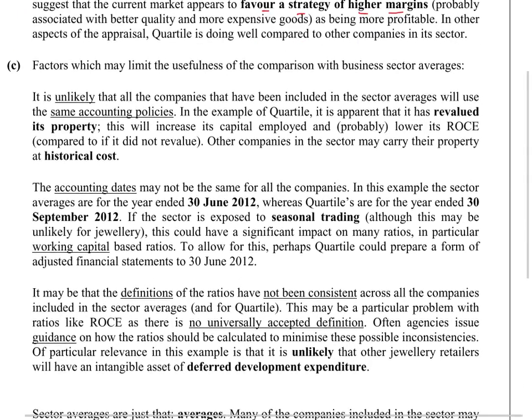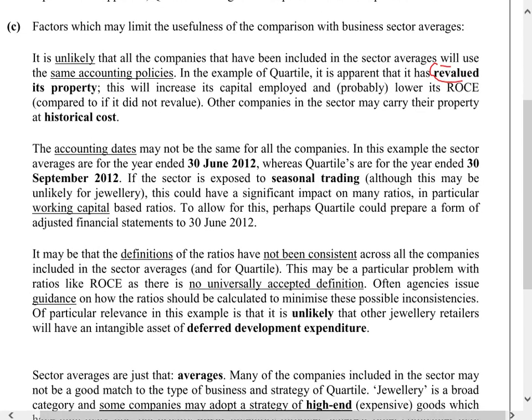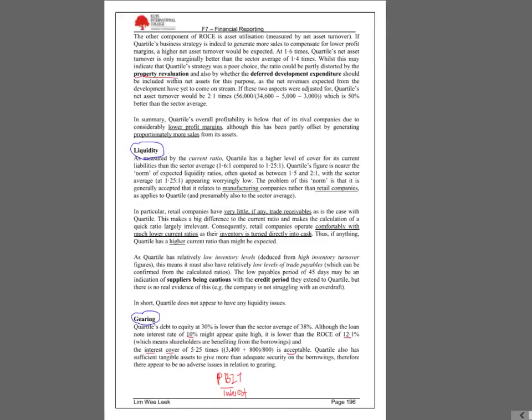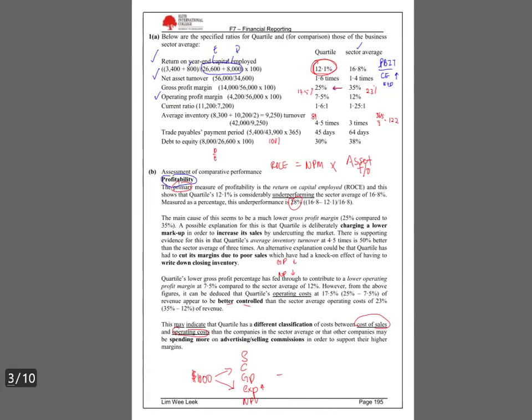And part C, they ask for limitations. So limitation number 1, there's a revaluation in property. And when you have revaluation, it's going to affect your CE, capital employed. Okay. Number 2. Where's my year end?